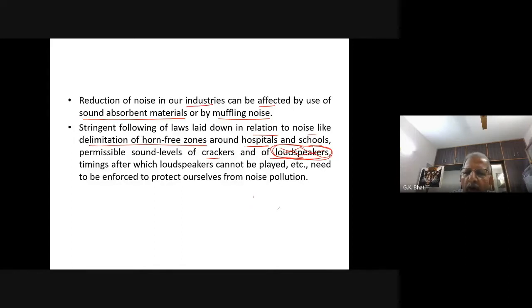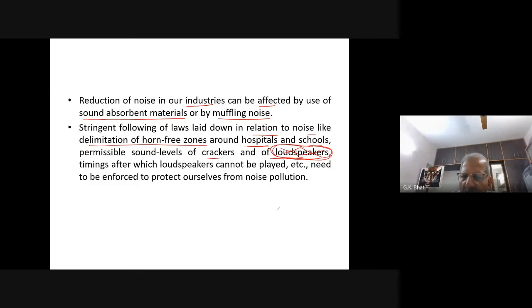If a patient is sleeping and all of a sudden the Ajahn is made, is he not going to get affected? Every religious place should keep this fact in mind.